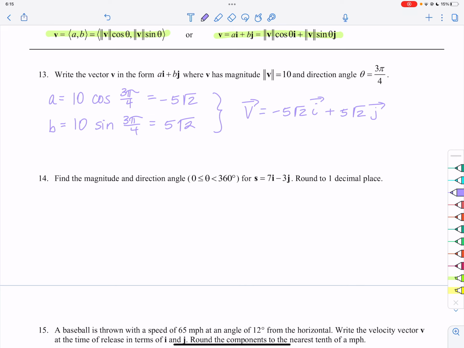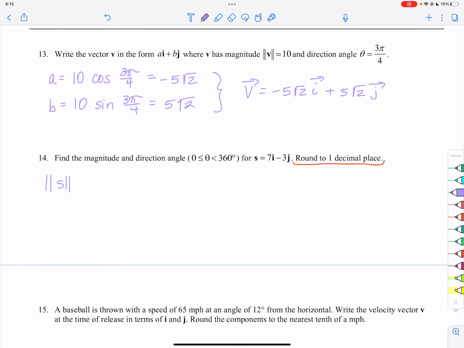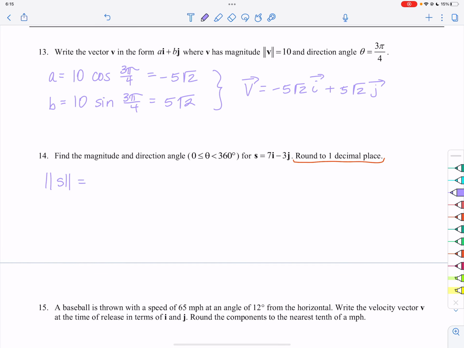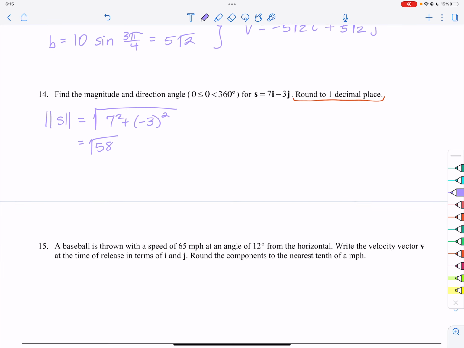In number 14, we're going to find the magnitude and direction angle for s equals 7i minus 3j, and we are going to round to 1 decimal place. So let's go ahead and begin with the magnitude of vector s, and that's going to be the square root of 7 squared plus negative 3 squared, and that's going to be the square root of 58.